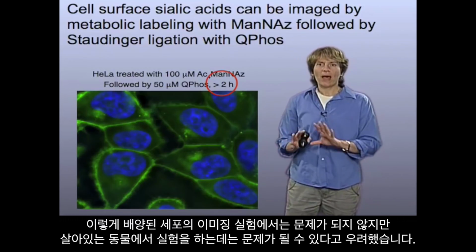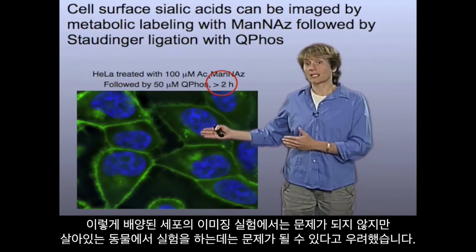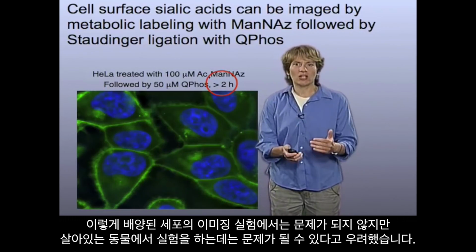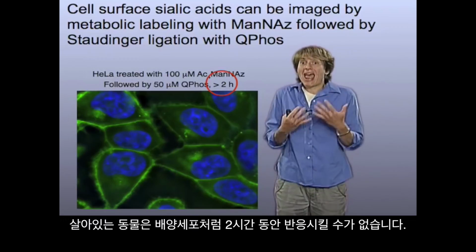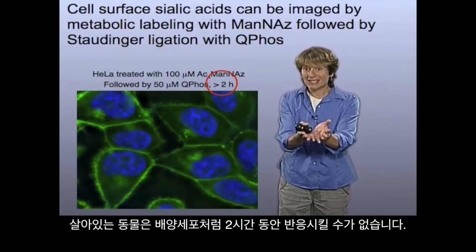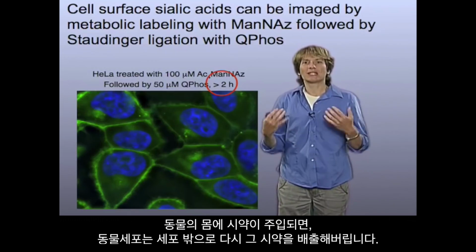And although that was not too problematic for imaging experiments on cultured cells, we worried that that could be a problem for imaging sugars in living animals. Because, of course, a living animal is not at equilibrium. It's not cells in a flask sitting in an incubator for many hours. Animals have an active metabolism.